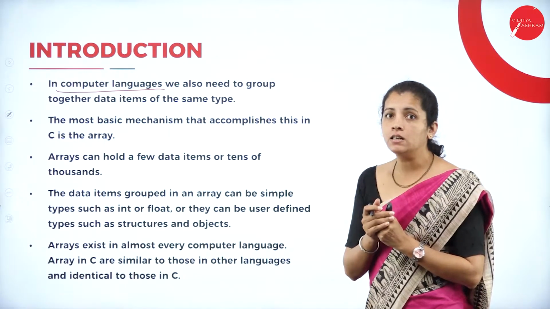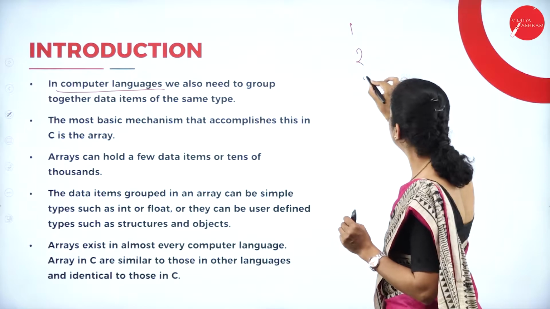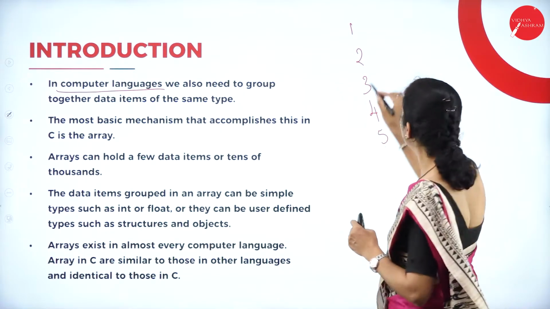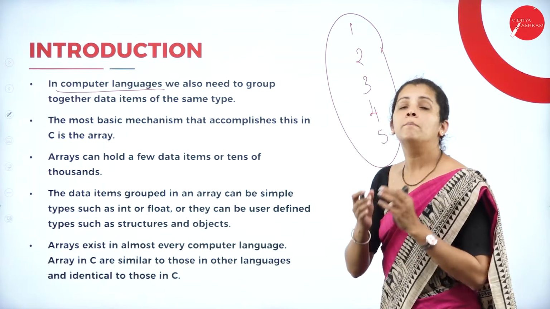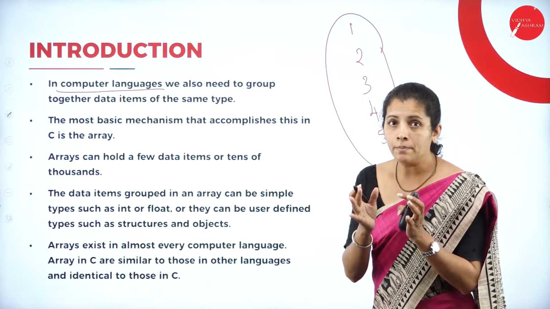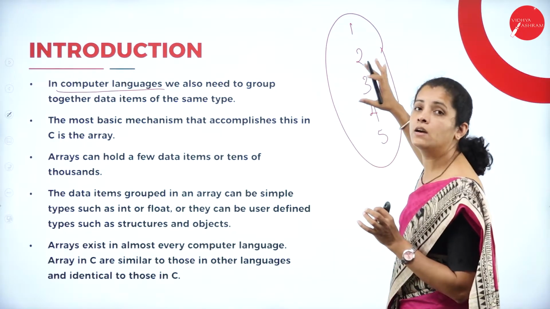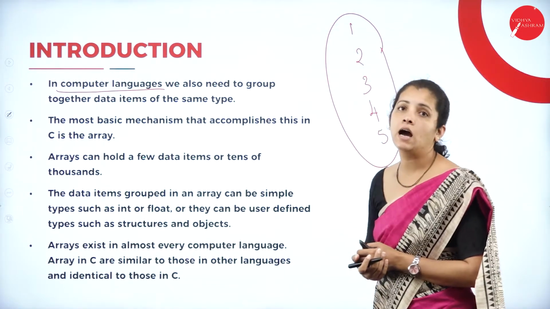If I consider numbers, for example, I have 1, 2, 3, 4 and 5, and I'm going to group all the numbers by some name, or I'm going to recognize all the numbers by the same name, and it is known as an array.